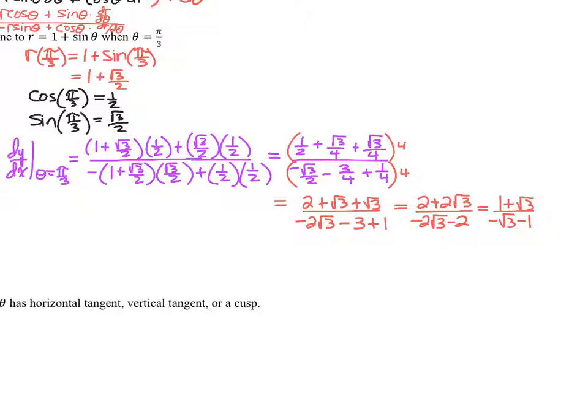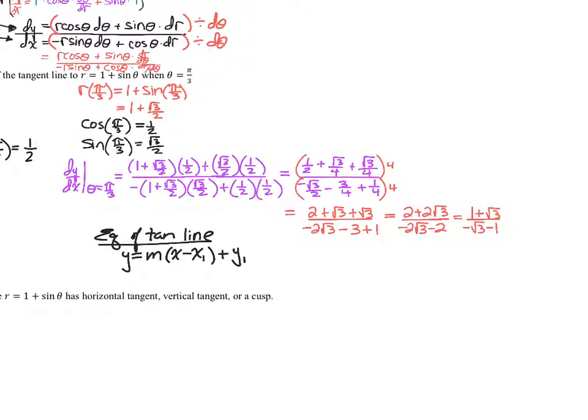Well, that kind of stinks, because the equation of the tangent line, again, in rectangular form, is y equals m times x minus x sub 1 plus y sub 1. What that means is that I need the x and y values for this function also at pi over 3.